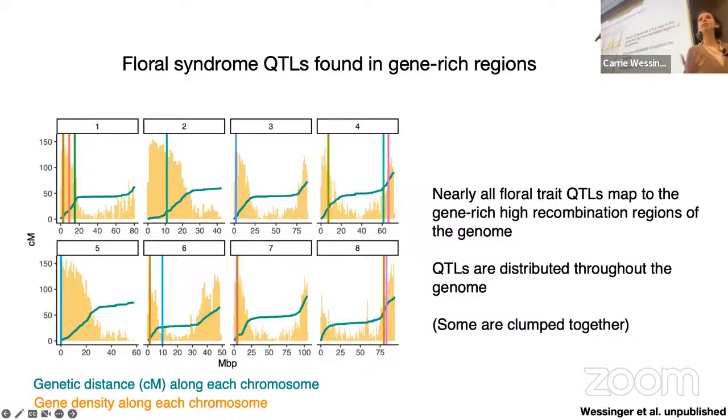And we see that our floral trait QTLs are mapping to the gene-rich high recombination regions, which makes sense. That's where the genes are for the most part. And they're fairly distributed across the genome, although we do see some areas where a few traits are clumped together, but there's still recombination between them.